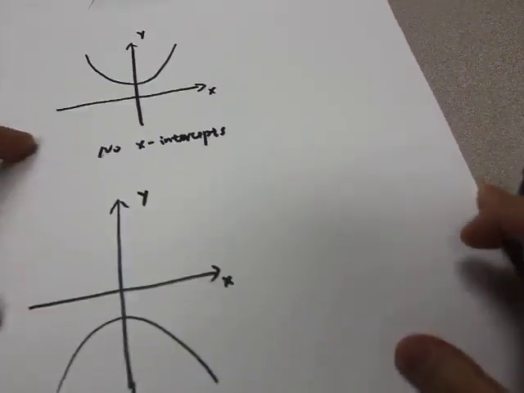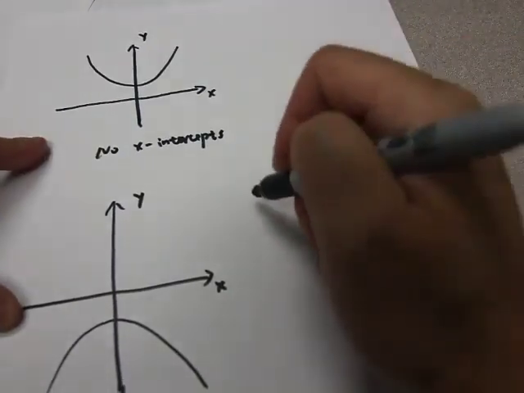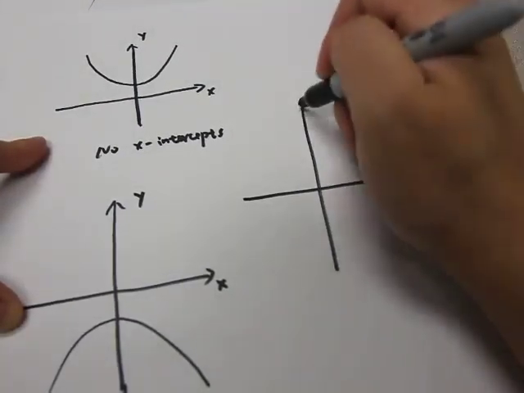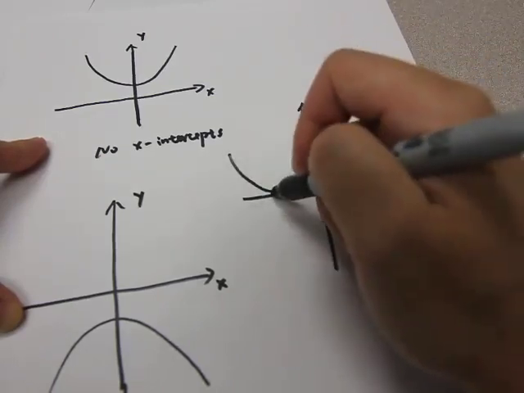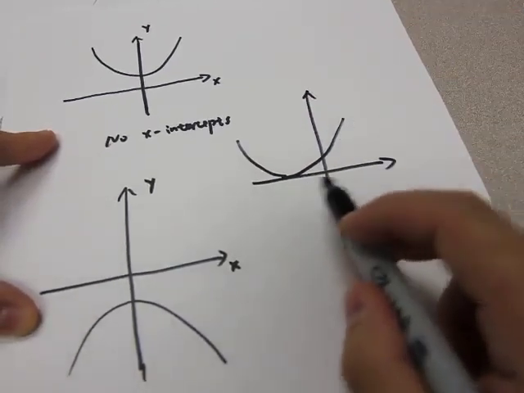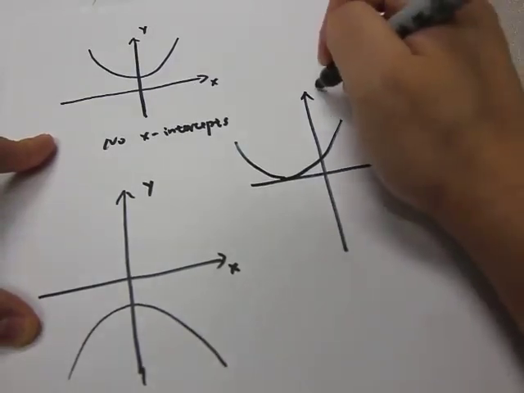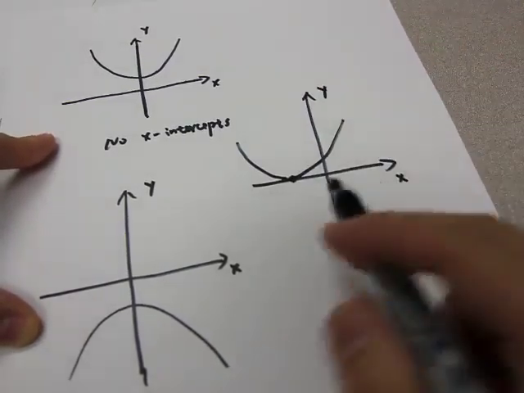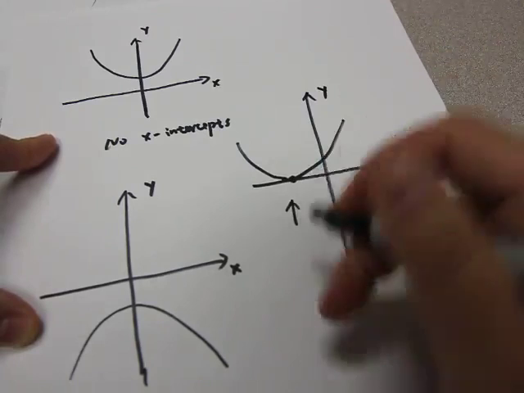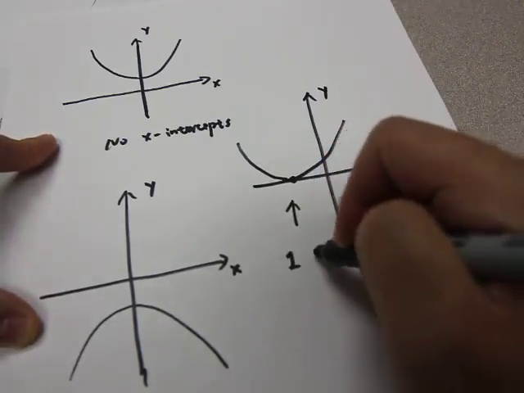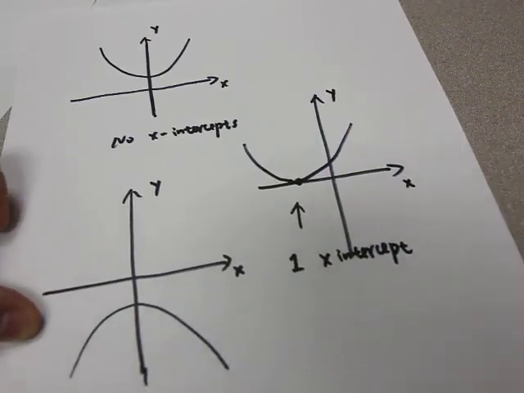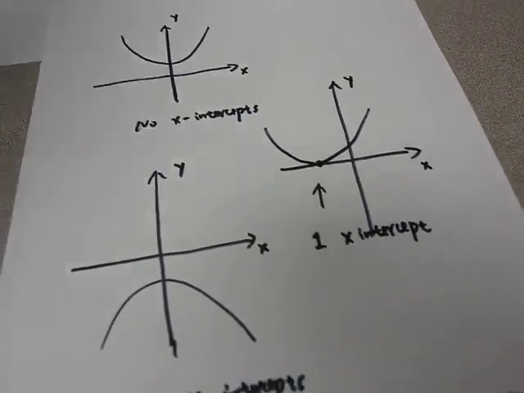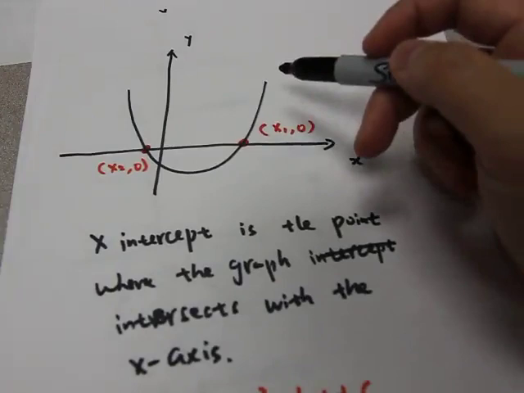And sometimes we may have just one x-intercept, and this means the parabola only touches the x-axis at a point. So in this case, we have only one x-intercept. Okay. So let me summarize this.